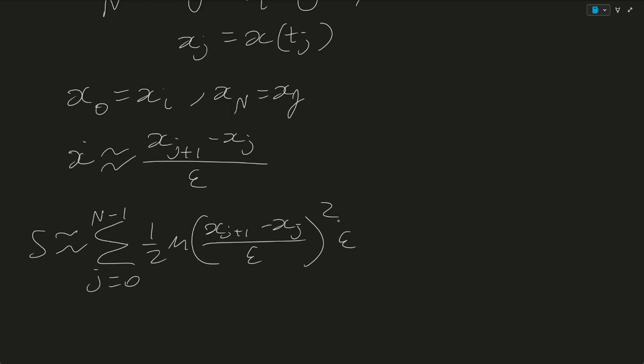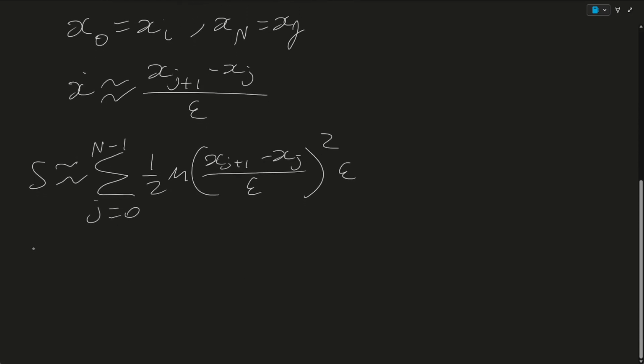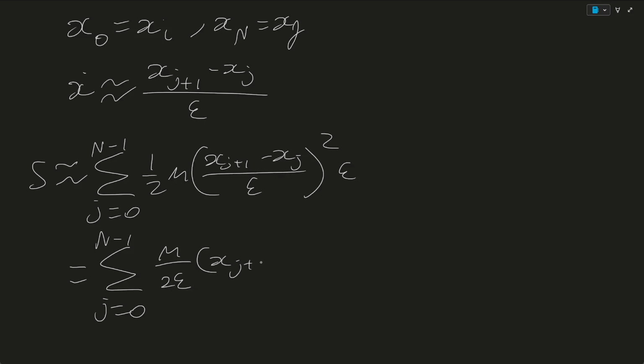Times epsilon, which replaces our dt, and this is just the sum from j equals 0 to N minus 1 of m over 2 epsilon, x_{j+1} minus x_j squared.